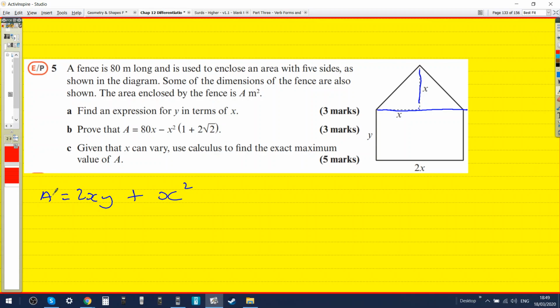We found the area, yeah. What other equation can you find? The perimeter. Yep. What about the triangle sides? You use Pythagoras.